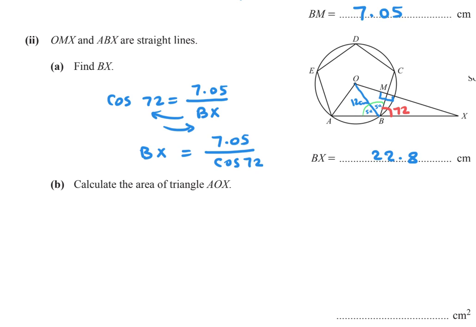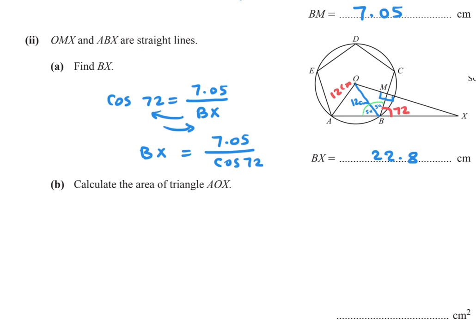Part b: calculate the area of triangle AOX. We can find the area if we have two sides and the included angle. So if we consider OA and AX, OA is the radius, so OA equals 12 centimeters.